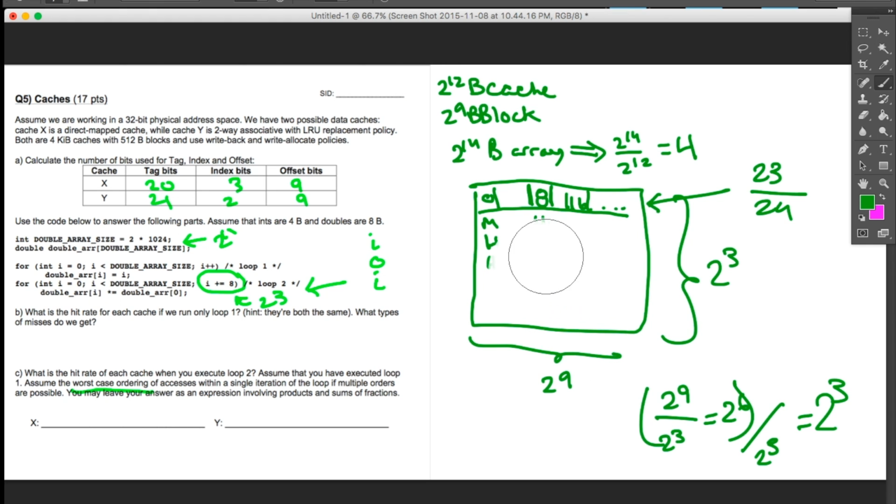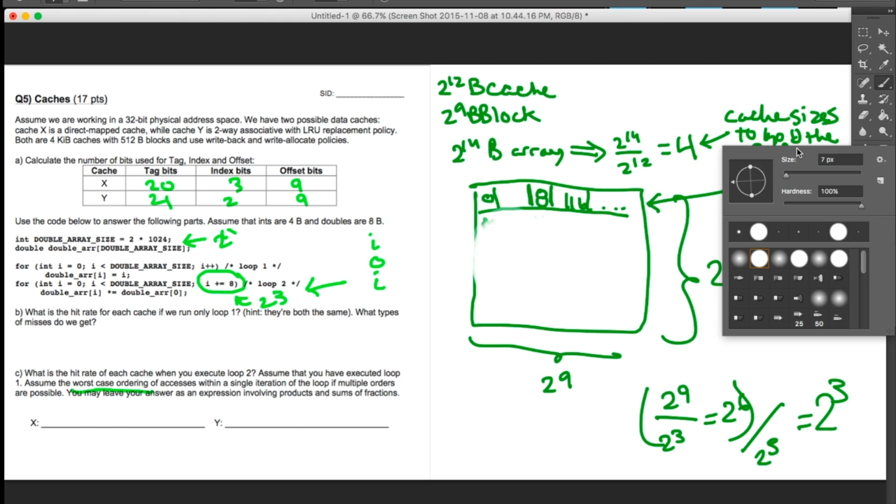This is just for that first block. And remember, that first block is 1 cache size worth of data, and we know that the entire array requires 4 cache sizes worth of data to hold the array.